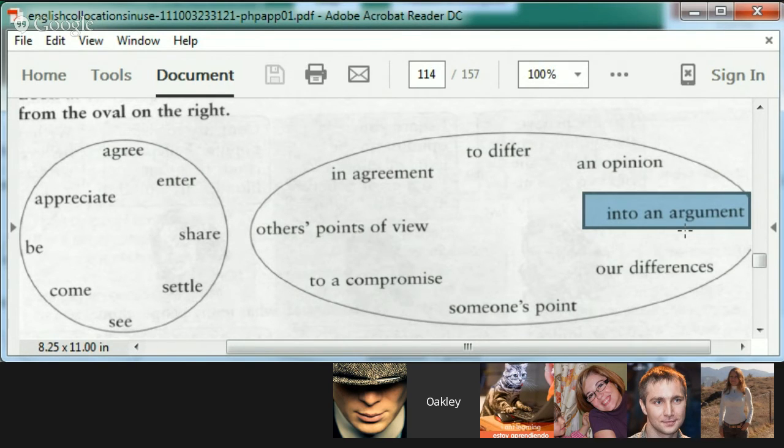You joined an argument. Bob and Sue were having an argument, and I entered into the argument. It's pretty straightforward. Or you can enter an opinion.